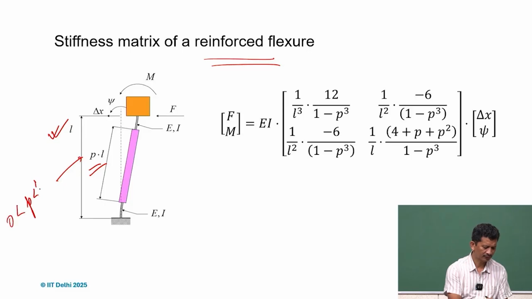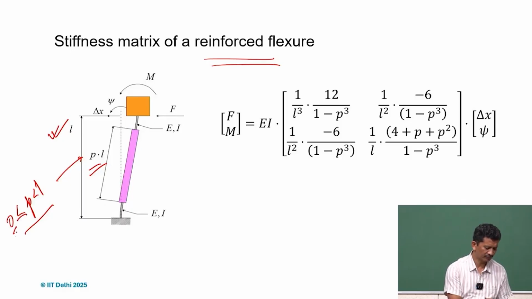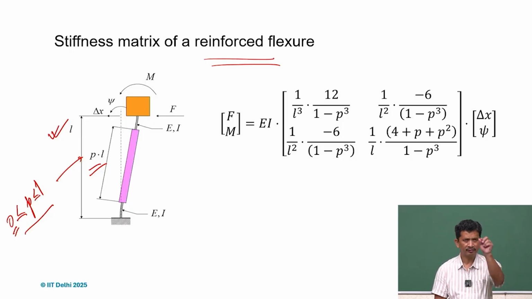P varies from 0 to 1. It cannot be close to 1, otherwise the entire thing will be rigid. P can be 0, of course. If it's 0, then the entire section is slender and there is no reinforcement.